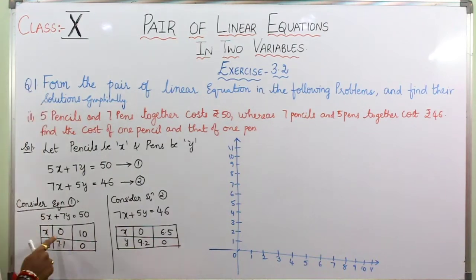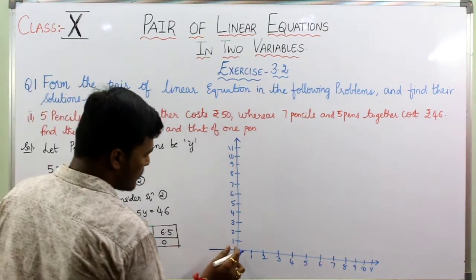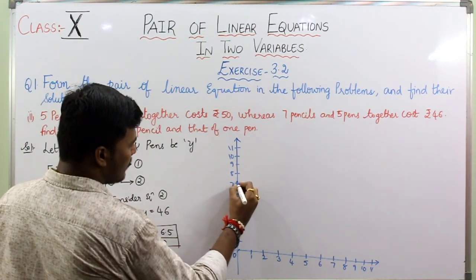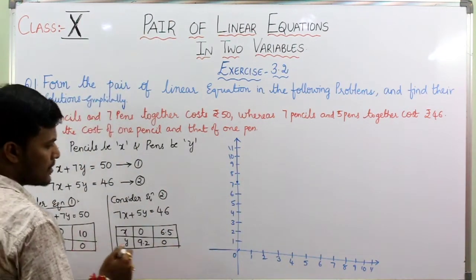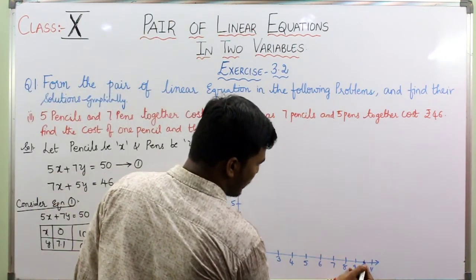So the first point is 0, 7.1, and the second one is 10, 0. 10, 0 will be lying on the same axis.